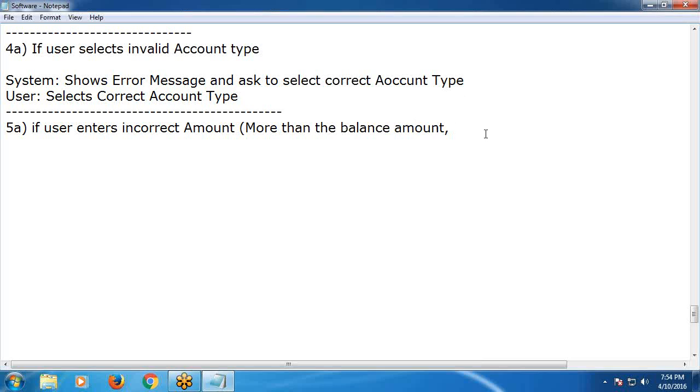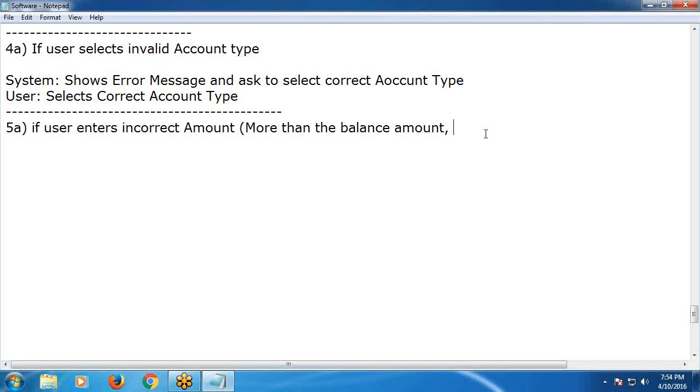Next, another is more than the day limit. Suppose I have sufficient funds, 1 lakh balance is there. I'm trying to withdraw 70,000. 70,000 is more than the day limit. Suppose my bank provides 30,000 or 50,000 day limit. It shows incorrect amount or any other message; insufficient funds is different.